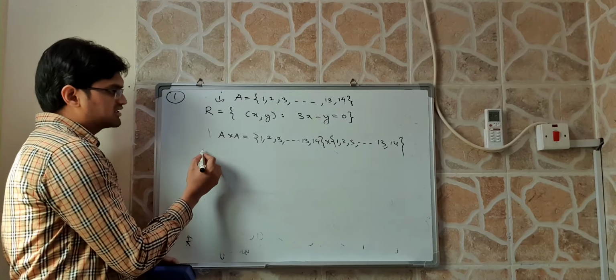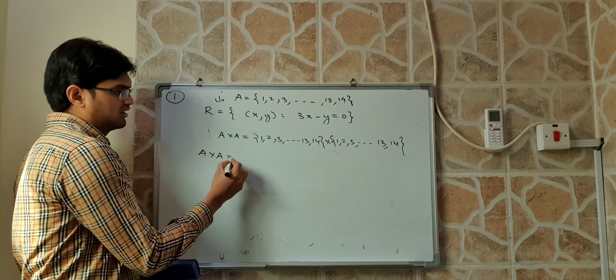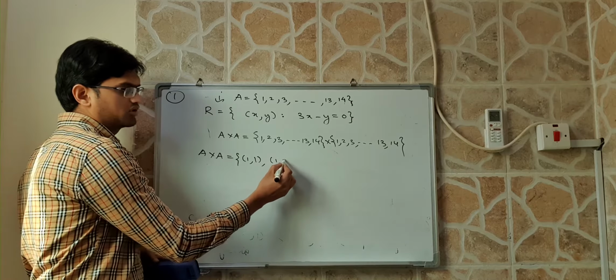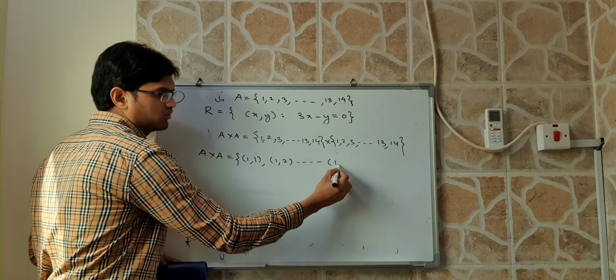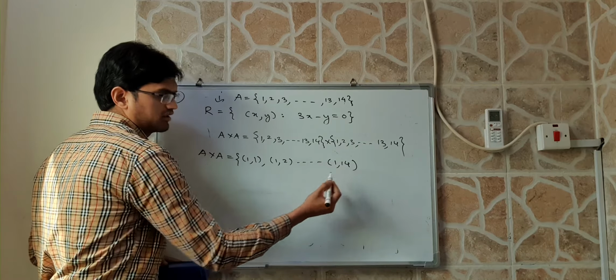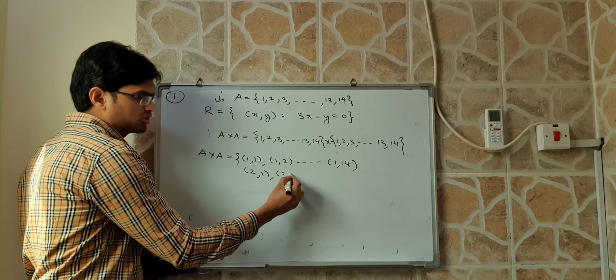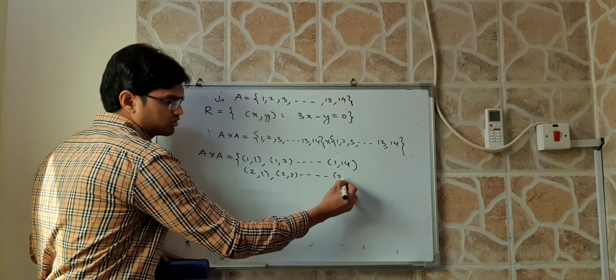What are the elements in A cross A? It will be (1, 1), (1, 2), and so on, (1, 14), (2, 1), (2, 2), and so on, (2, 14).